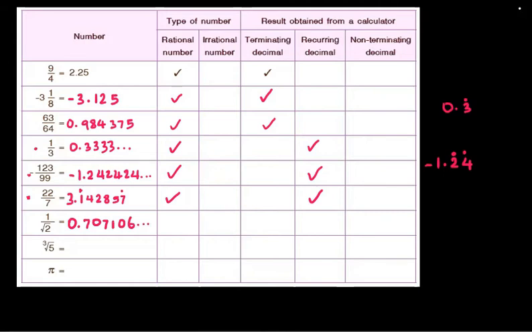So this number continues without ending, but there is no pattern of digits that are repeating. You cannot know that it is 7 repeating. You cannot know that it is 7016 repeating. So there is no pattern of a number that is repeating. So this kind of a number is what we call an irrational number.